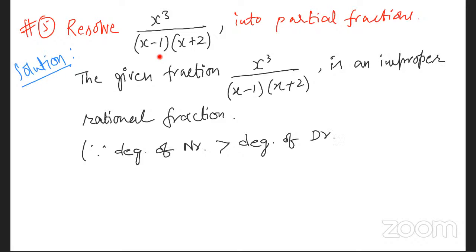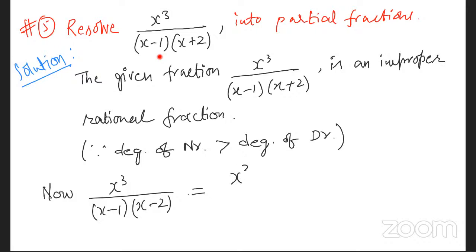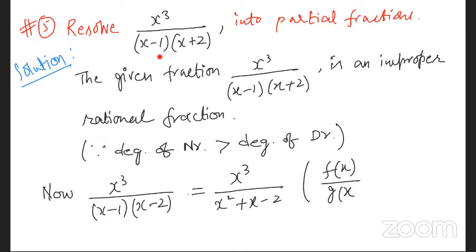Fine. So now let us follow the procedure for case 2. x cube by (x minus 1)(x plus 2) can also be written by expanding the denominator. What are we going to get? x square plus x minus 2. So this is of the form f of x by g of x.